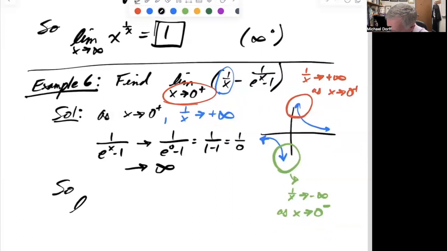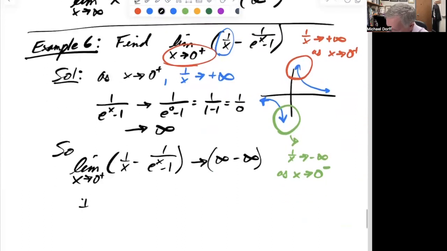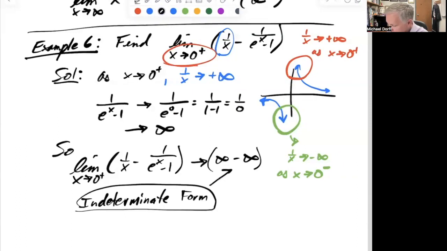So the limit as x approaches 0 from the right of 1 over x minus 1 over e to the x minus 1 is approaching infinity minus infinity. And that's an indeterminate form. Remember at the very beginning of this lesson, we talked about that if you had infinity minus infinity, you got something that looked really weird. And so you can't just say that infinity minus infinity is 0. So we have an indeterminate form here.